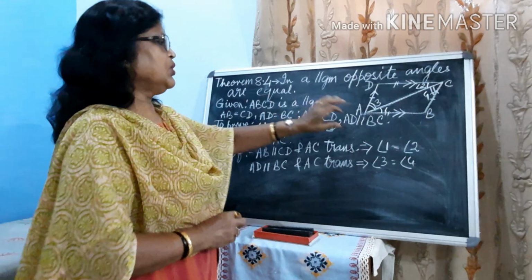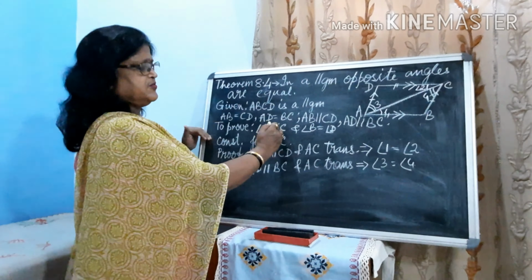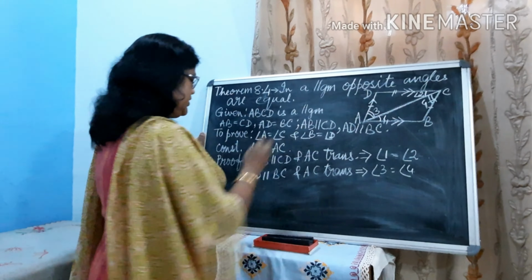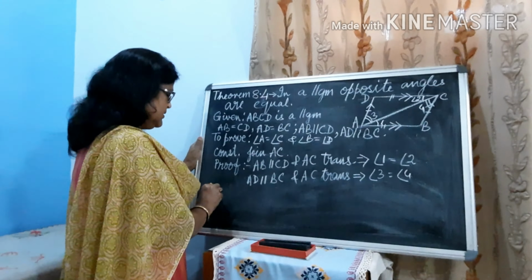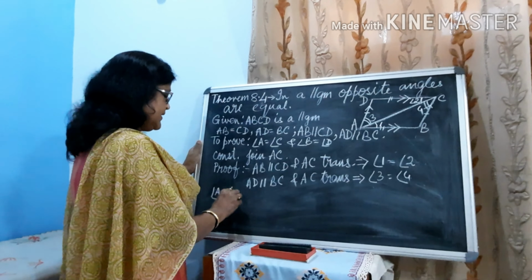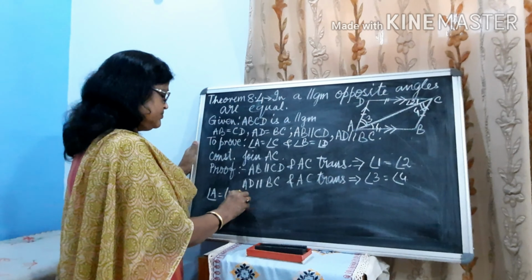Now children, what is angle A? Just go to proof. Angle A equal to angle C, but what is angle A? 1 plus 3, write down: angle A is equal to 1 plus 3.